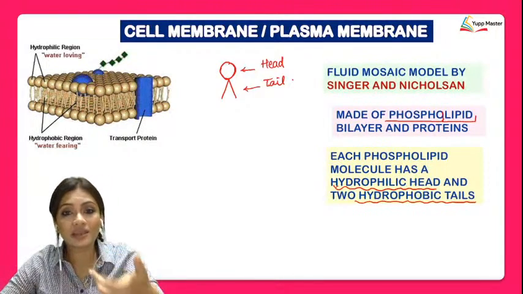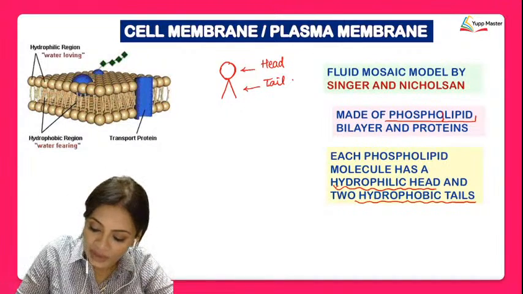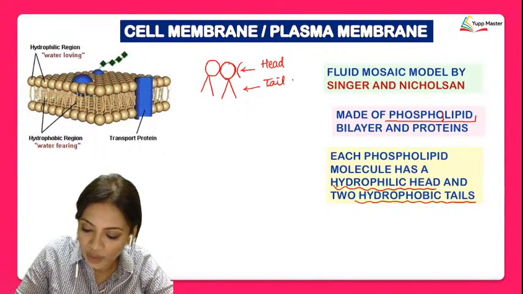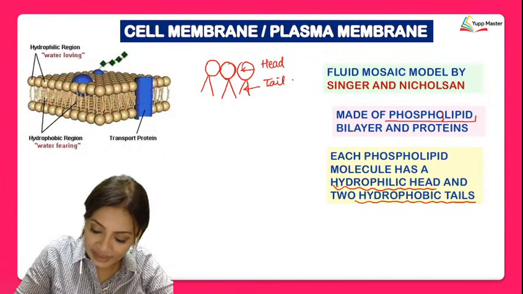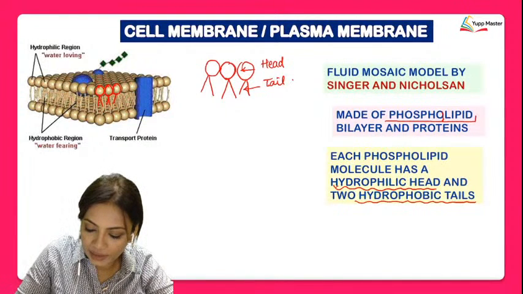In a similar manner, this is one phospholipid, and there's a whole big chain of phospholipids, one near the other. That's exactly what you see in this diagram here, a whole line, a series of phospholipids.